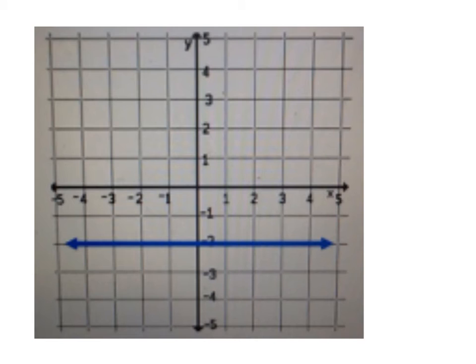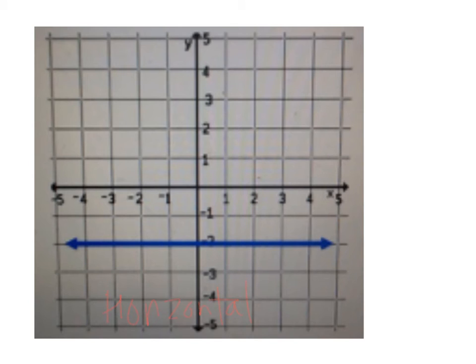Okay, so this one and the next one are going to talk about special lines. Okay, this right here is a horizontal line. Every single horizontal line, it does not matter where it is on the graph, will have the same slope every single time. Once I say it, you can just apply it, but I also want you to see why.